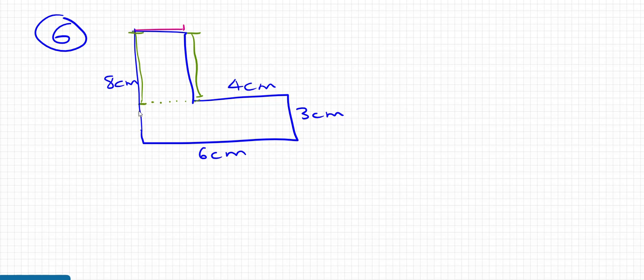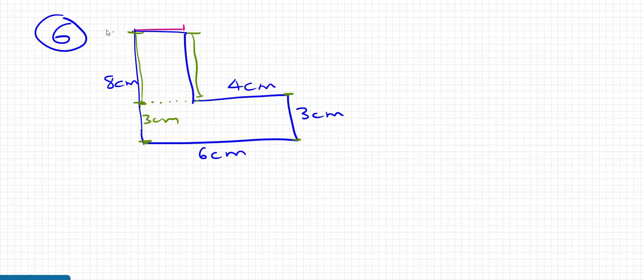Okay, so it goes from that point to that point, but I don't want this part here. This whole thing is 8 centimeters. If I can get rid of this part and subtract it somehow, it will leave me with this length over here. So what is the length from here to here? Well, I can see that from here to here, it is 3 centimeters as well. So I want just this length here. If I can minus 3 centimeters, then I'll be left with the length that I want. That goes from there to there.